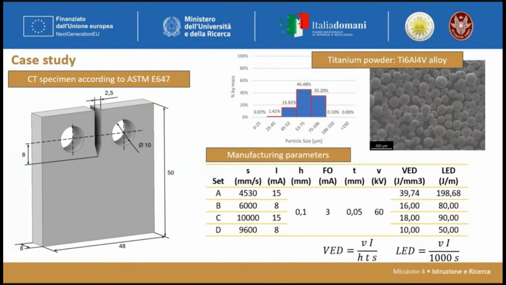The notch had a width of 2.5 millimeters. The thickness of the specimen itself was 8 millimeters, and the distance between the tip of the notch and the line between the loading pins was 8 millimeters.